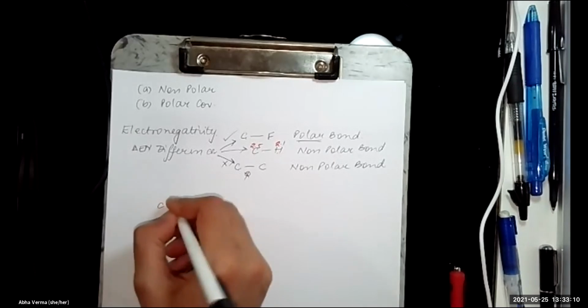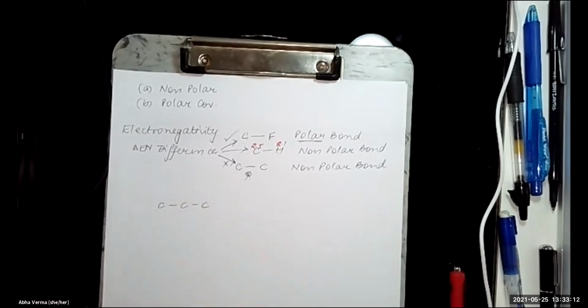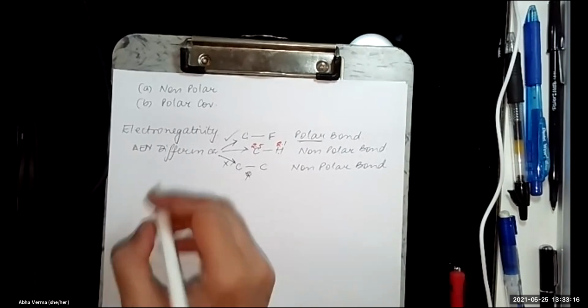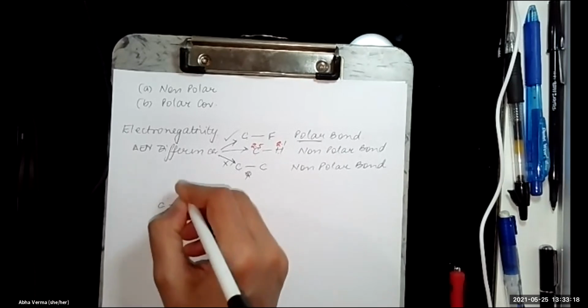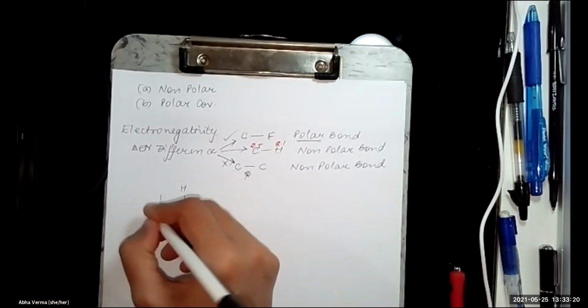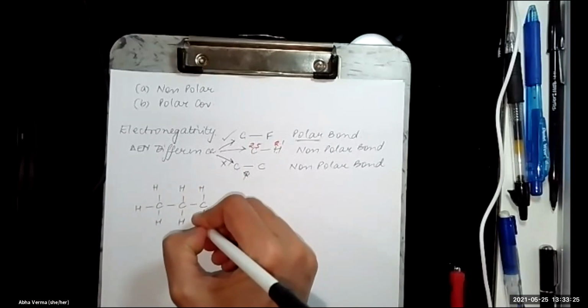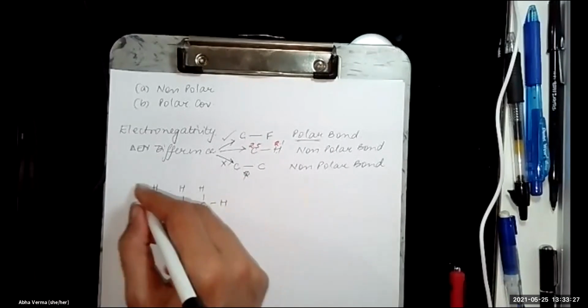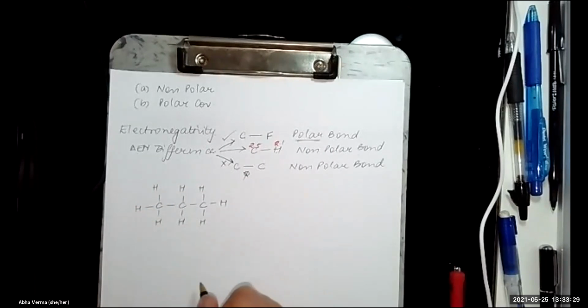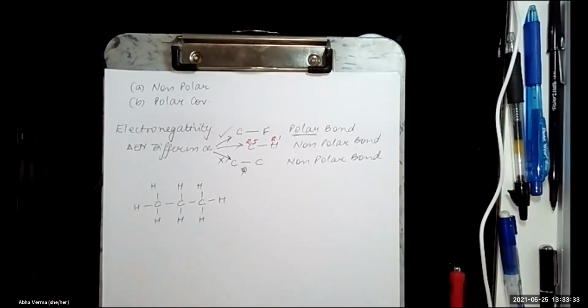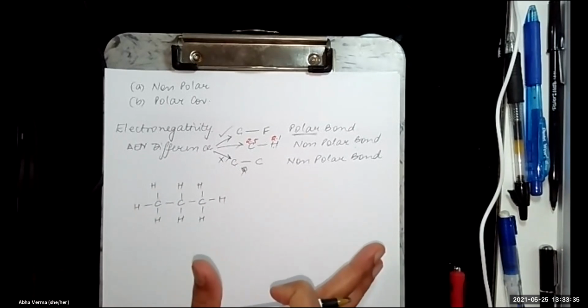Let's do an example. First of all, is this structure complete? It's not, because I did not draw my hydrogens. And for this class, I will be drawing this square structure, which I want to warn all of you is not the real structure.